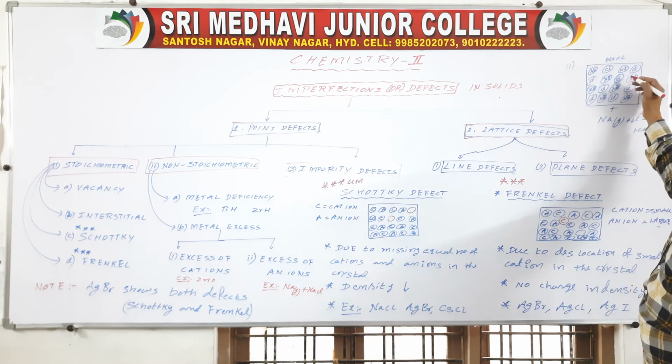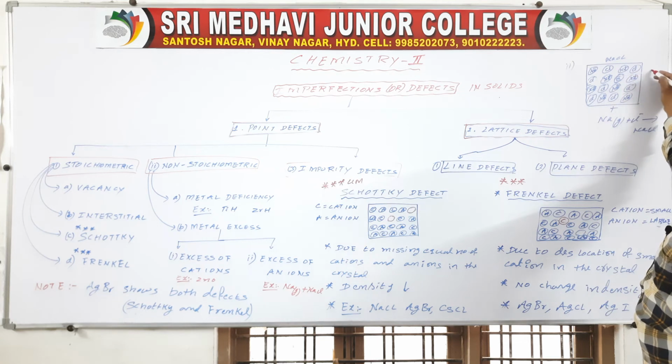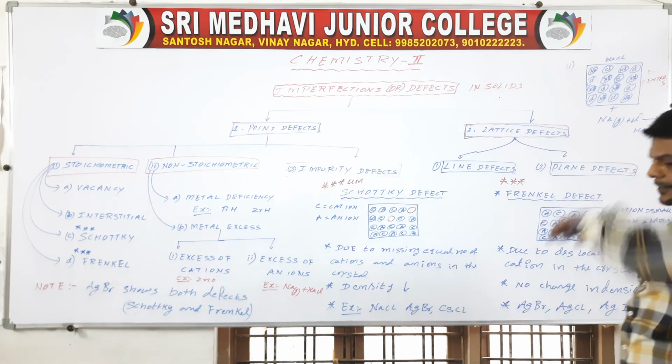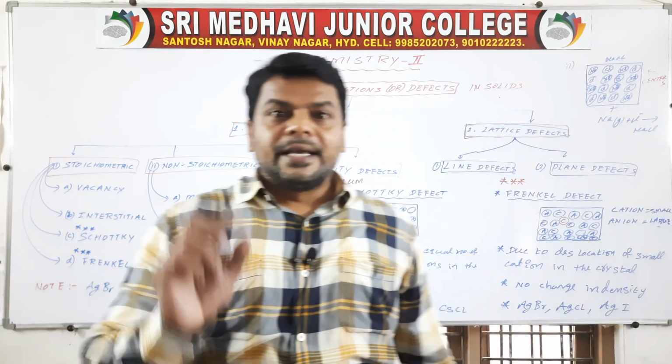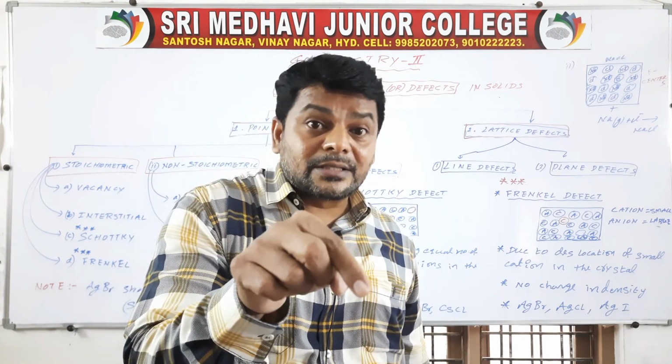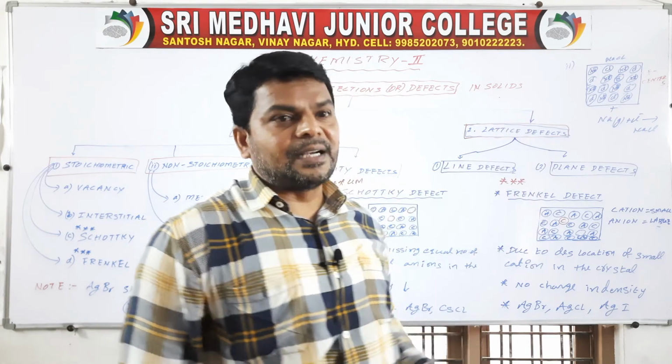These are called F centers. F centers means anionic sites occupied by unpaired electrons are called F centers.